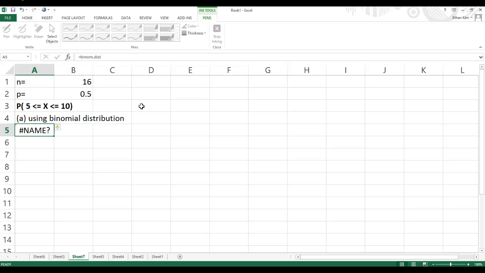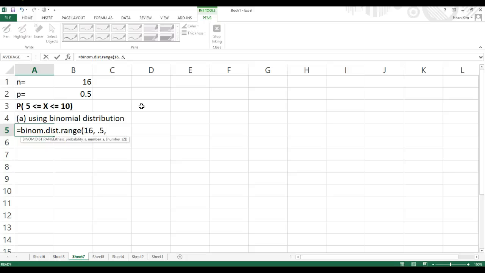And there is a function for this if we're looking for a range. That's going to be binom dot dist dot range, and it's simple. Open parentheses. You have to put in the trials, which is n, so 16, and probability, those are the parameters of binomial distribution, so 0.5. And number 1 and number 2.